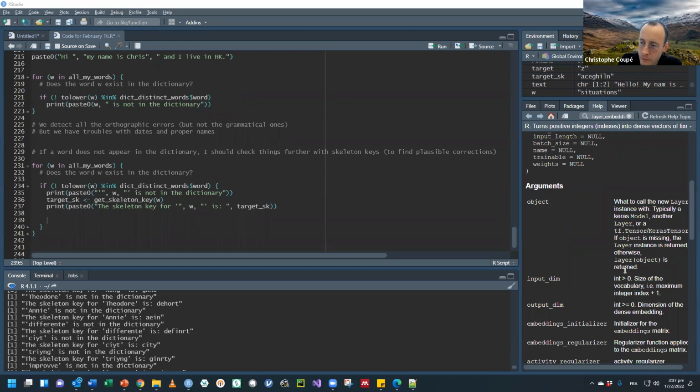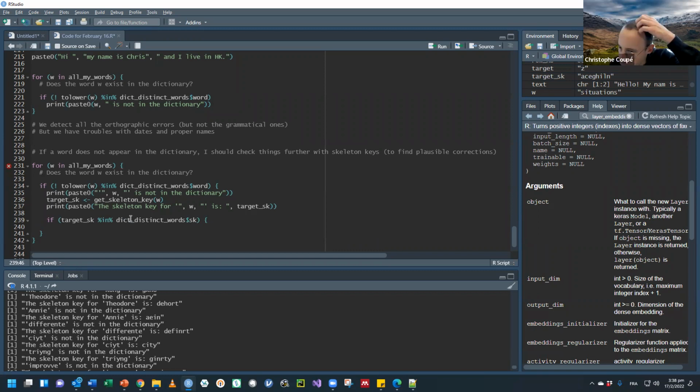Yeah? How do I write that? Before I had something like this. How do I transform that? Rather than the word, I have the skeleton key I want to check. But I don't want to check it in the words. I want to check in the column for skeleton key.